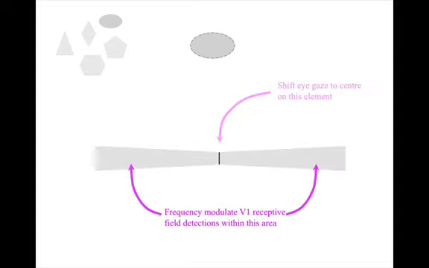And the boundary element also has recommendation strength in favor of placing a frequency modulation on all the V1 receptive field detections that are being made with the inputs coming from the retinal area that extends out perpendicular to the boundary on both sides. So what does this achieve?